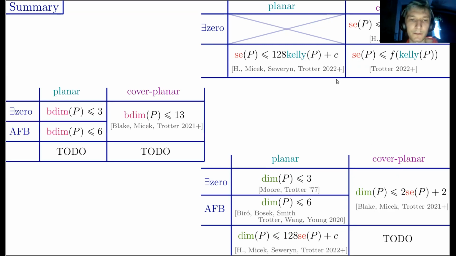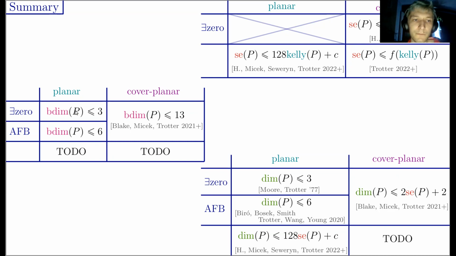And the related problem, which I didn't mention before: there is a notion which generalizes dimension, Boolean dimension. This big question about dimension boundedness of planar posets is usually asked along with a question of boundedness of Boolean dimension of planar posets.